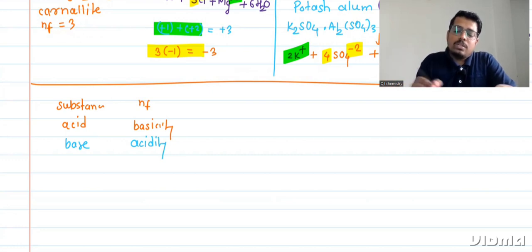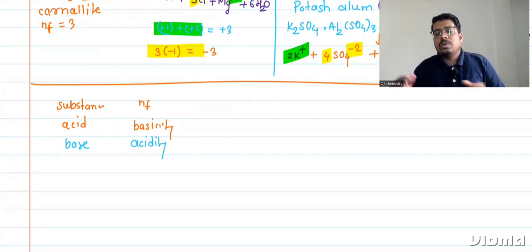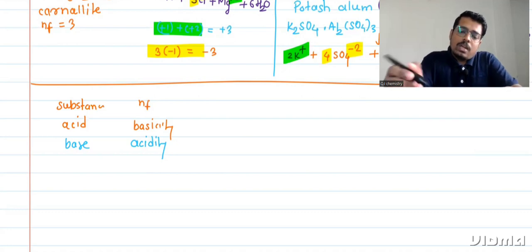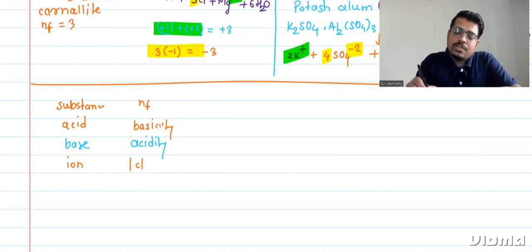Now acidity means the number of OH⁻ ions formed per molecule of base, or the number of H⁺ ions required to neutralize one molecule of base. And in case of an ion, the n factor is equal to its charge.